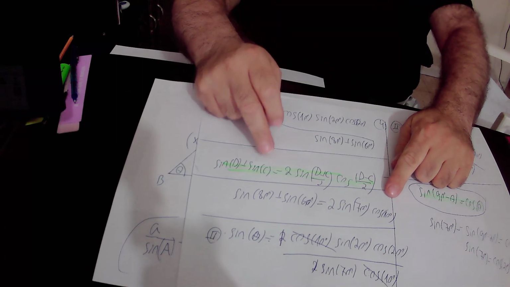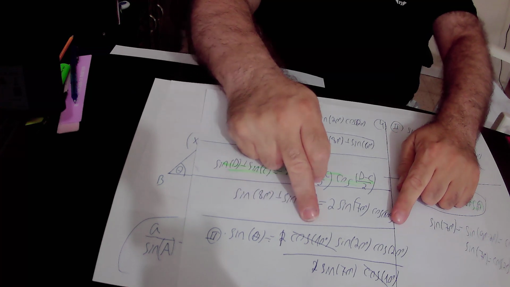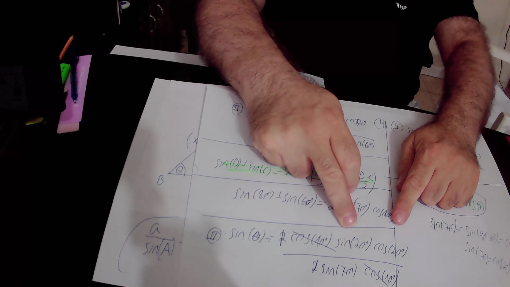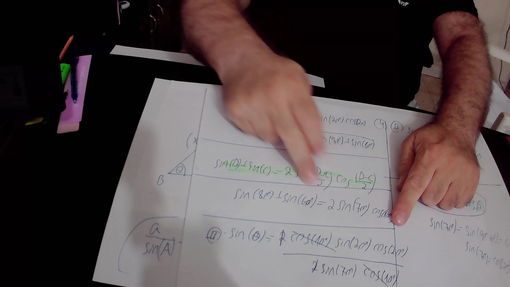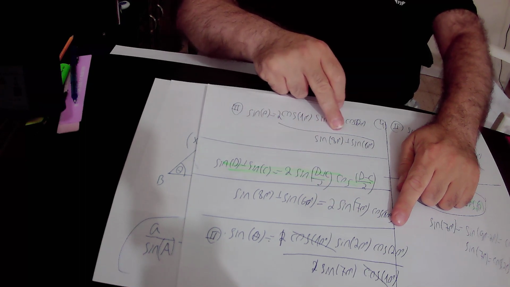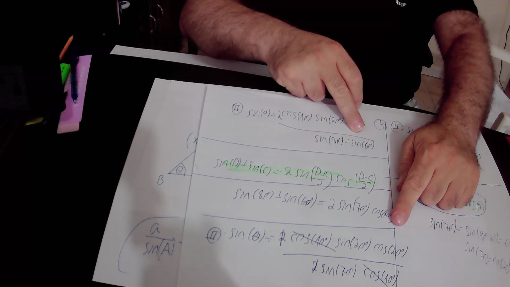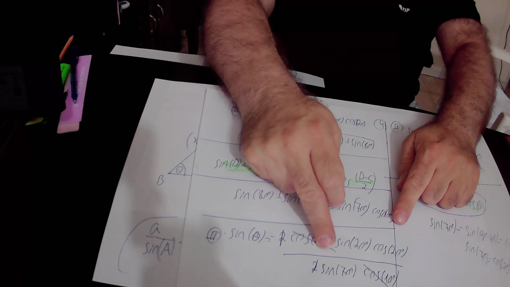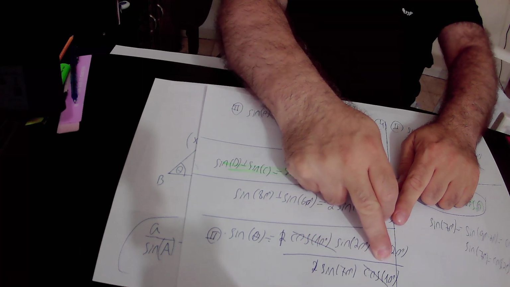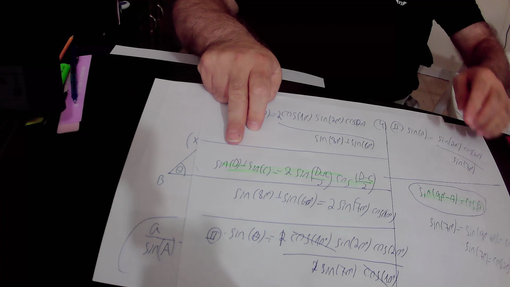We did it, and we got that sine theta equals cosine 10 degrees times sine 20 degrees times cosine 20 degrees, and instead of sine 80 degrees plus sine 60 degrees, we wrote down 2 sine 70 degrees times cosine 10 degrees according to this trigonometric identity, of course.